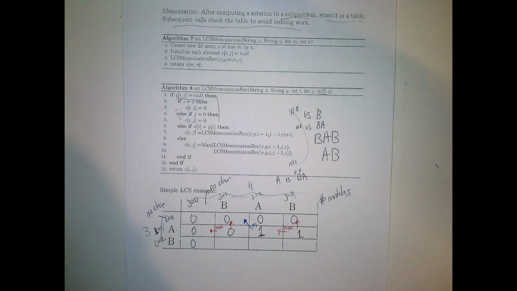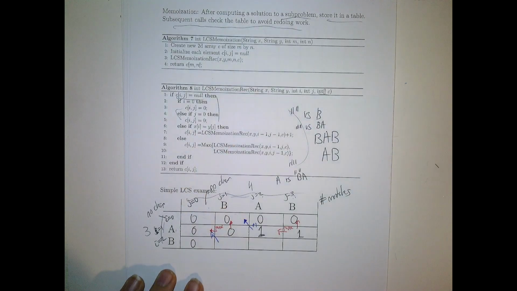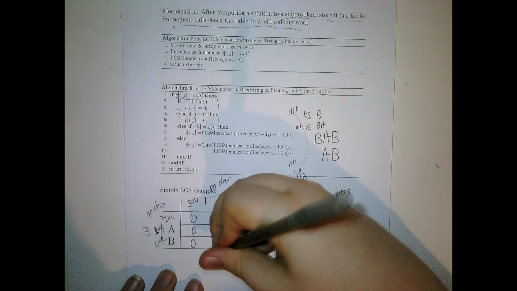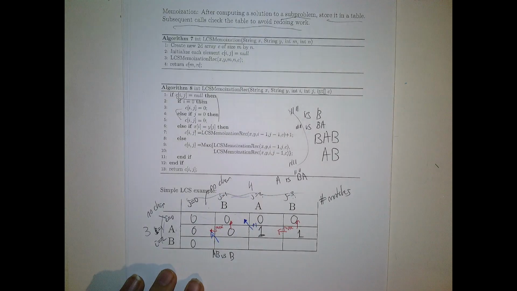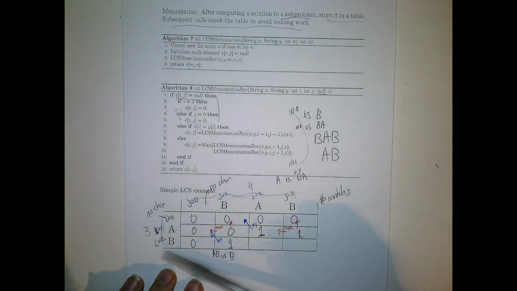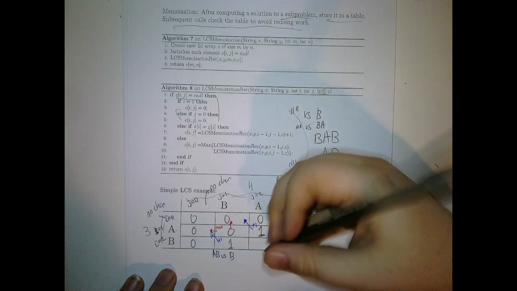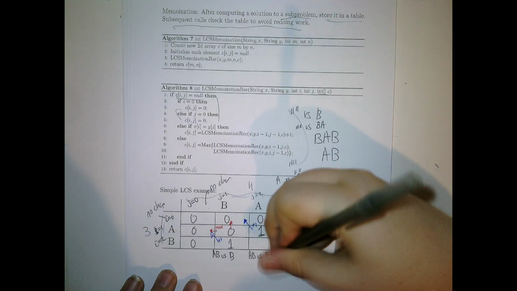Okay, let's do a couple more here. B versus B. So this is, again, substring A, B versus the string just containing B. Well, we're going to go diagonally top left, add 1, which will mean this is just 1. Then this position will be AB versus BA.